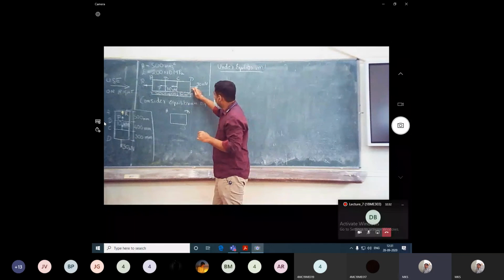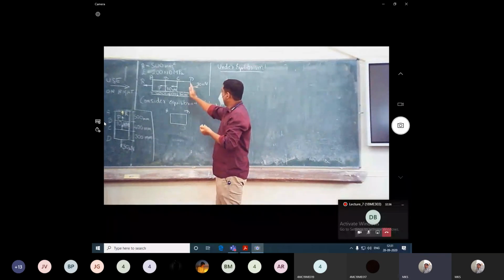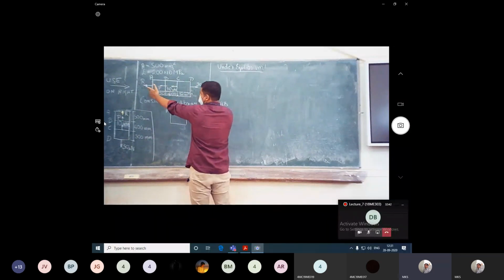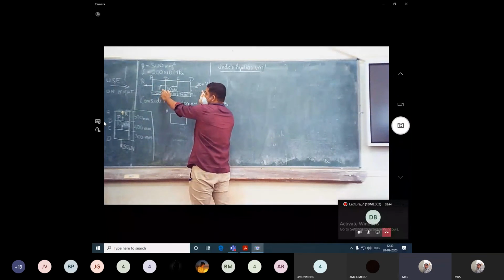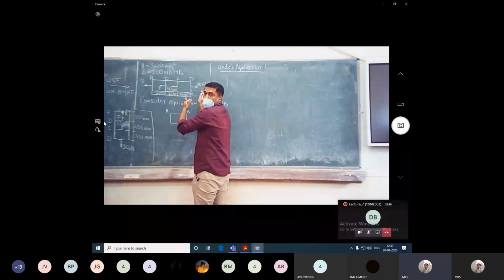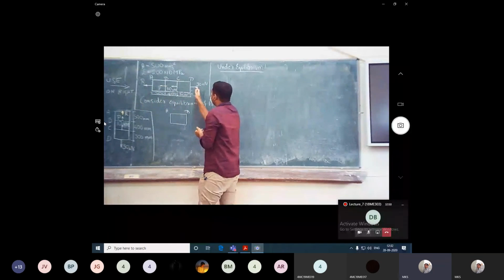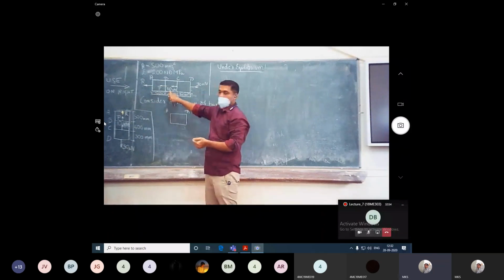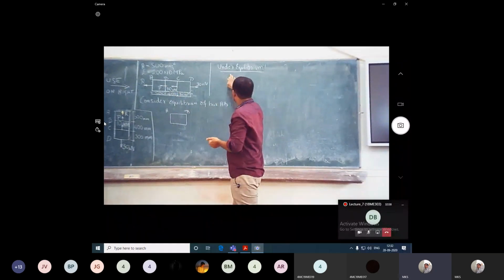So if I consider this diagram, there is 30 kilonewton acting to the right, that is tensile. And the other forces, R, P, and 10 kilonewton, these three forces are acting to the left. So this 30 kilonewton should be equal to R plus P plus 10. That is the equilibrium condition, sum of forces is zero.